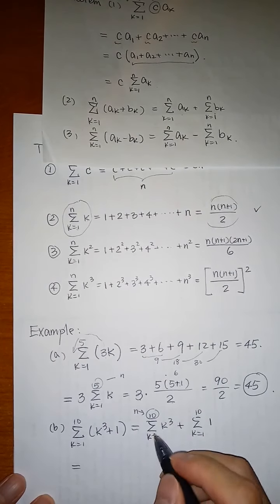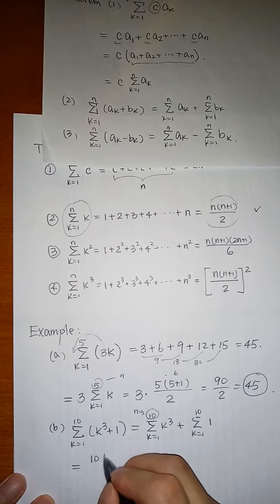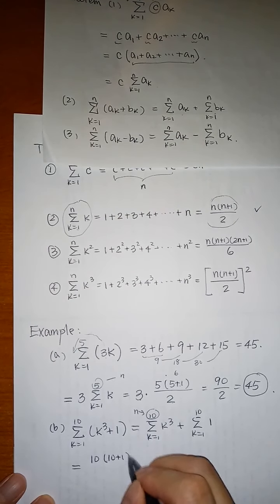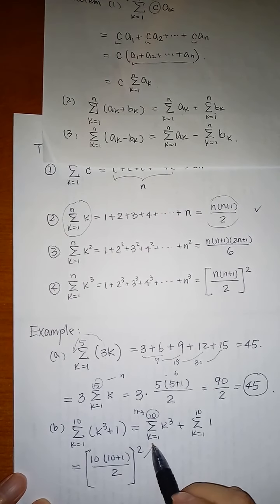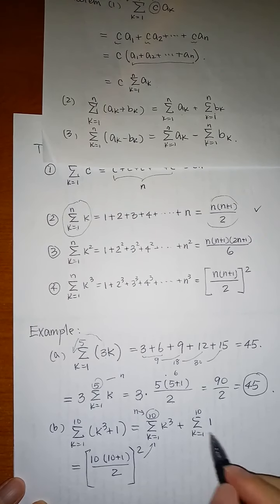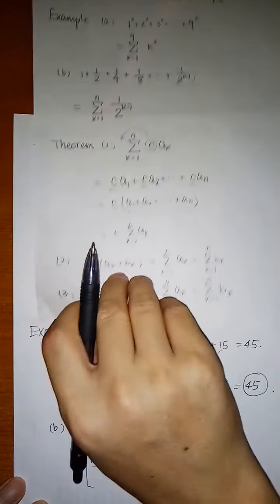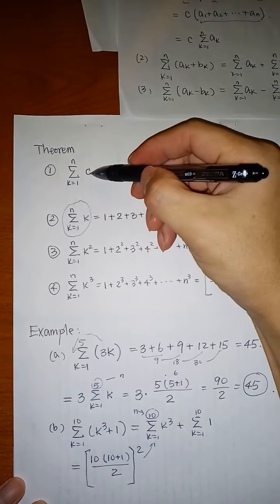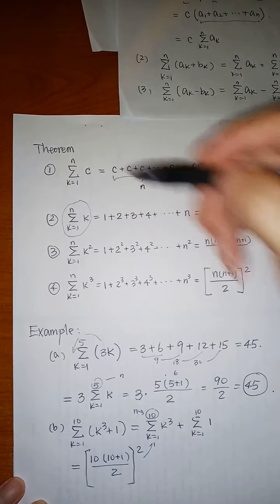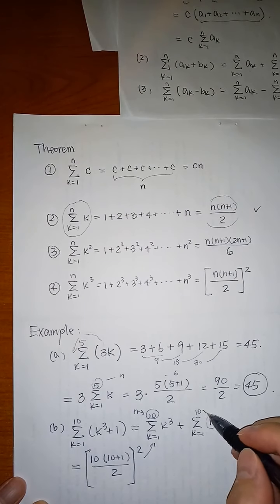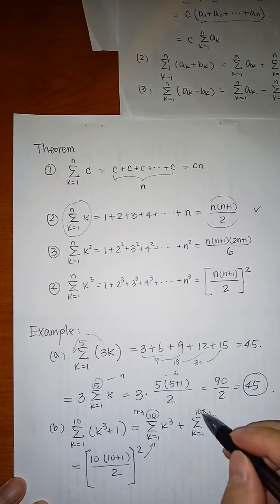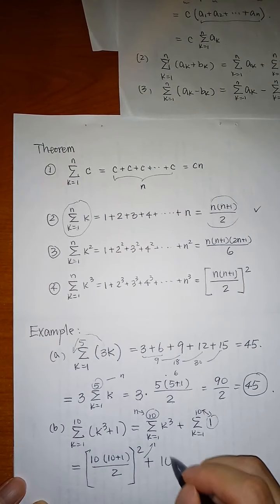And for the second sigma, whenever you have a constant number c, the sigma is equal to this constant number times n. So it's 1 times 10, or 10 times 1.